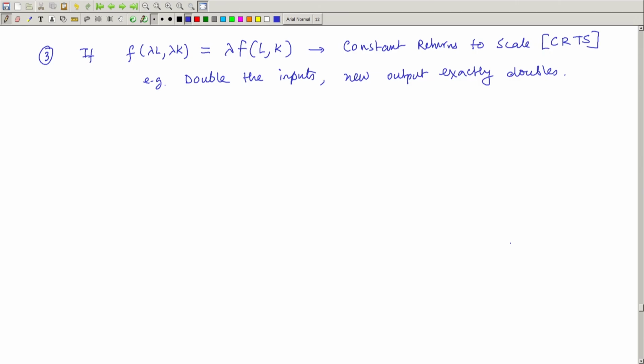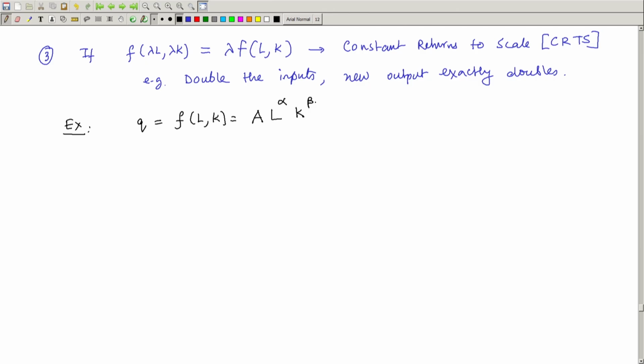So, suppose I have a production function which is given as Q is equal to f of L, k equals some parameter A times L to the power alpha k to the power beta, right, where alpha and beta are some parameters. So, what is it that we are interested in identifying?